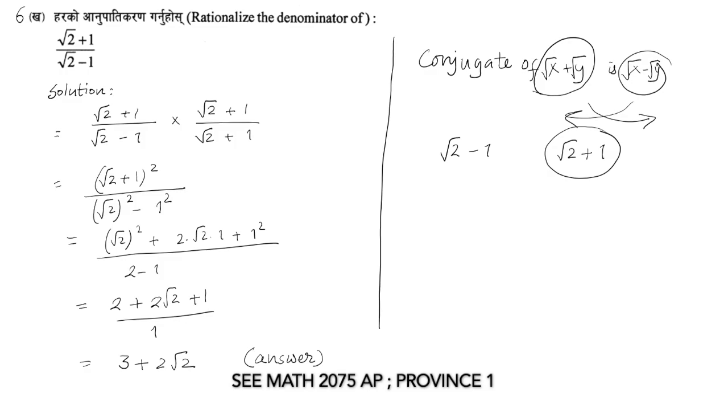But even if there was a surd, suppose this root 2 was replaced by root 3, then in the denominator it would have been 2. That will be completely out of the root, right? So that is what we call rationalizing the denominator.